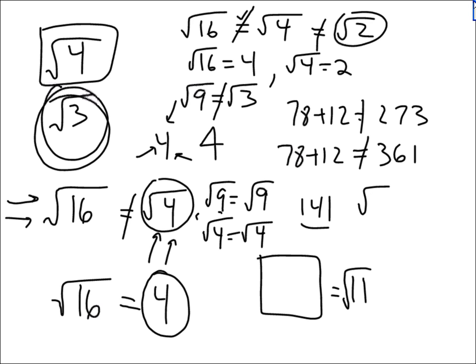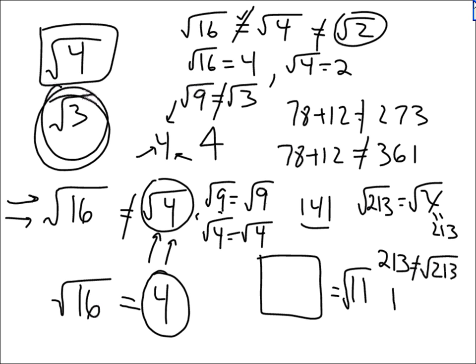Somebody said the square root of 213 is equal to the square root of x. What should x be? You should say, x should be 213. The square root of 213 equals the square root of 213. If you think the answer is 213, do not put down the square root of 213, because they're not equal. The only time you'll be right is if instead of 1, you write the square root of 1.